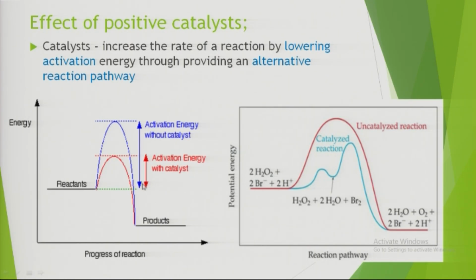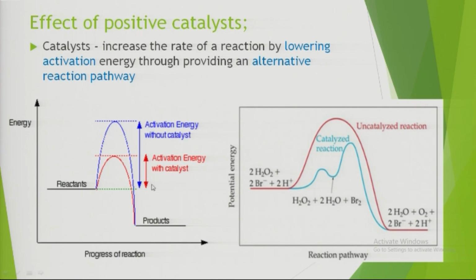Remember, for a reaction to occur, the energy must outweigh this barrier, the activation energy, which is the minimum amount of energy the reacting species must have for them to turn from reactants to products. If you reduce that barrier, if it was like 10 kilojoules and you reduce it to 2 kilojoules, 2 kilojoules is easily attainable. So when that barrier is reduced, then the reaction can easily occur.